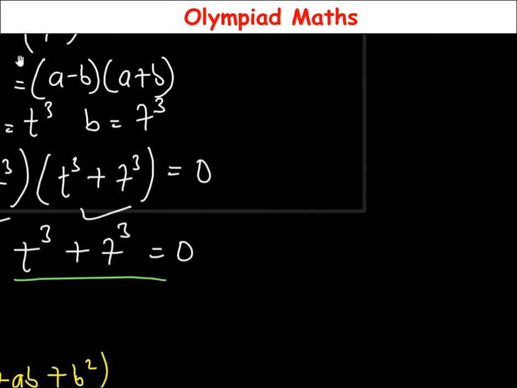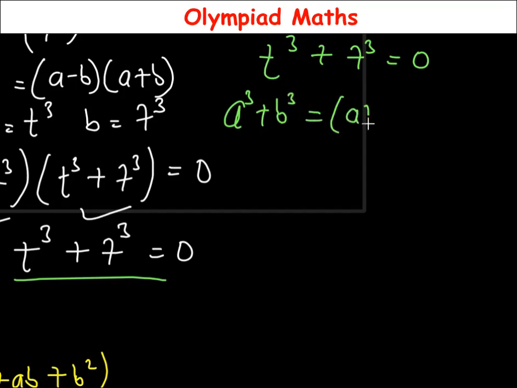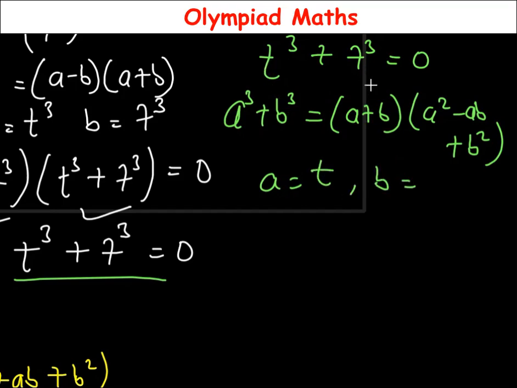So from here, t raised to power 3 plus 7 raised to power 3 is equal to 0. So we have the sum of two cubes. If you have a raised to power 3 plus b raised to power 3, this is equal to, in brackets, a plus b multiplied by a squared minus ab plus b squared. Now in this case, the value of a is t and the value of b is equal to 7.